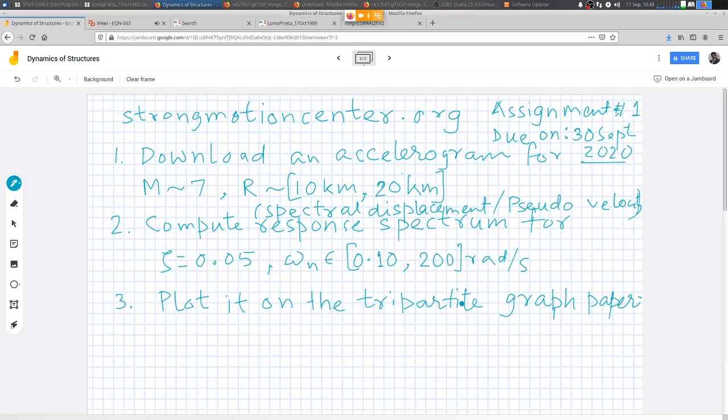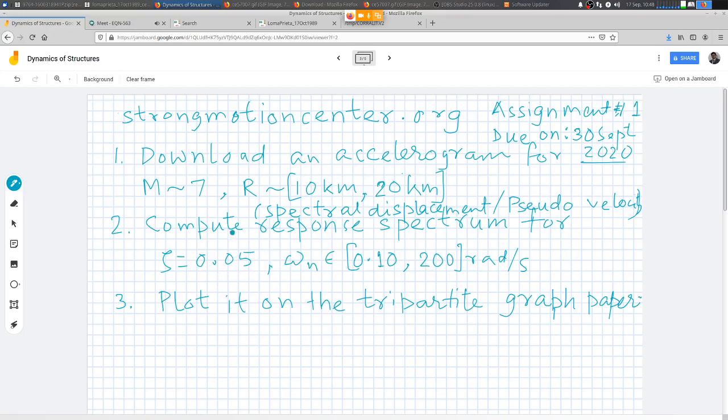You can choose whatever increment you want to use for omega n. So there you need to put it in a do loop, for loop. The value of omega n will start from 0.1 and go up to 200, and it will solve your system.